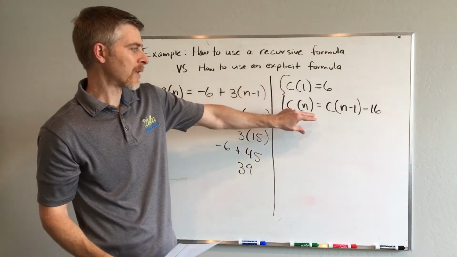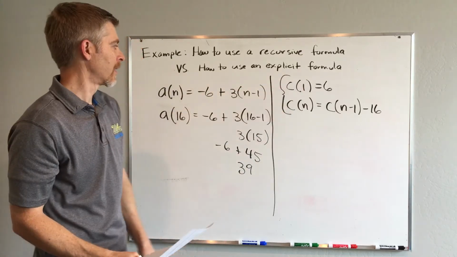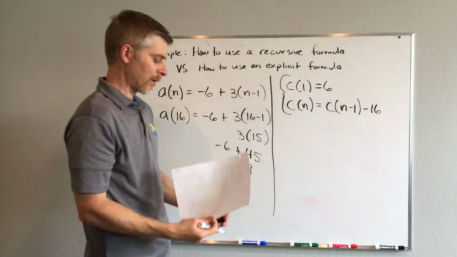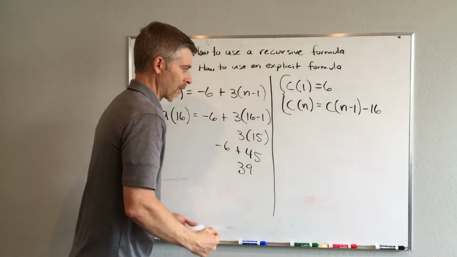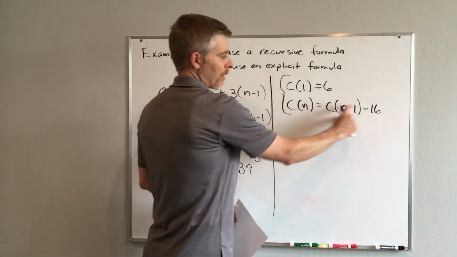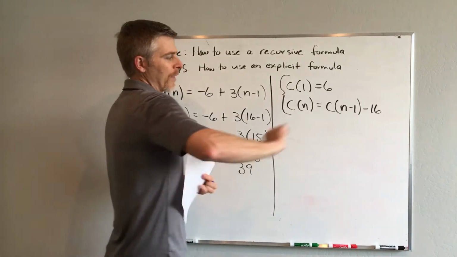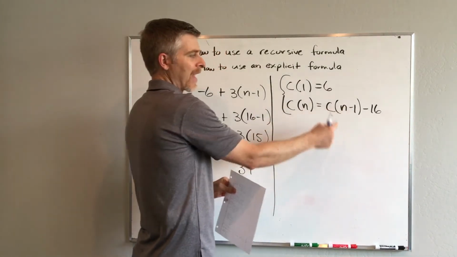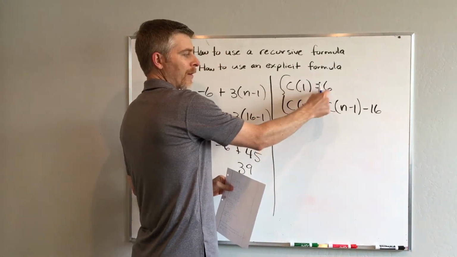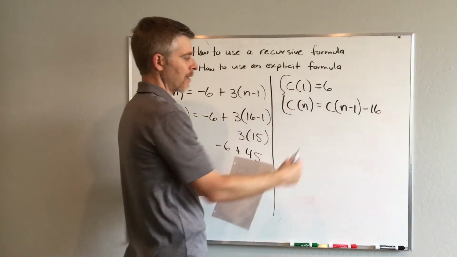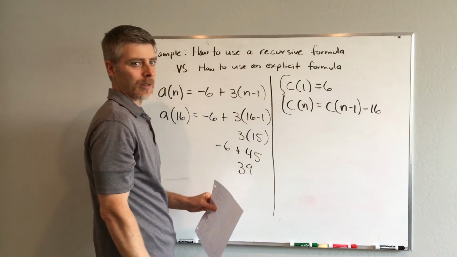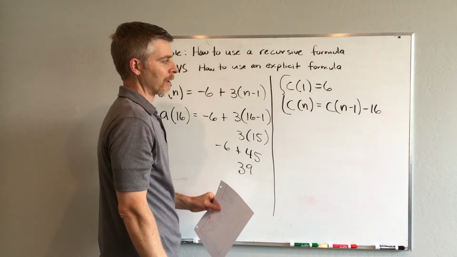When you see a problem set up like this with a bracket, you know that you are looking at a recursive formula. In a recursive formula, they give you a formula with an n minus 1 in it, and then they have to give you one of the terms. Because if you don't know what one of the terms is in the sequence, you can't use the recursive formula to get any of the other terms.